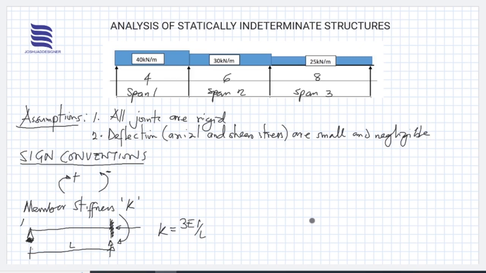Let's take this as A and B. So the far end of B is simply supported, so we have the value of K to be 3EI over L, right?